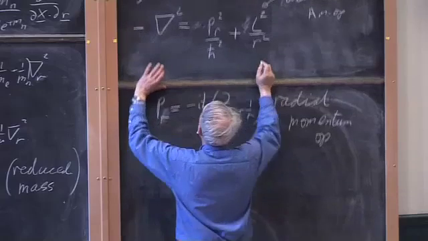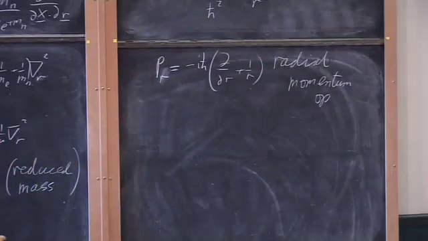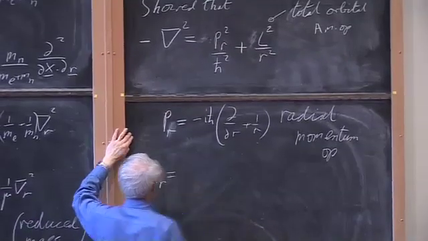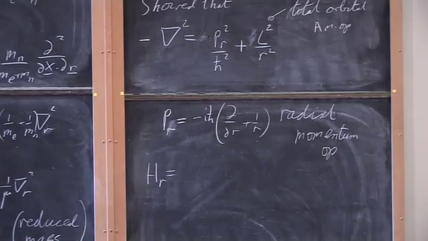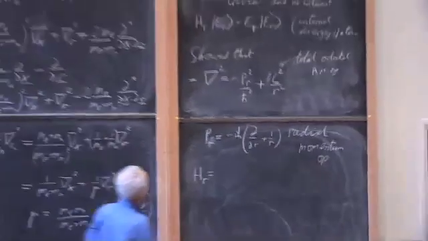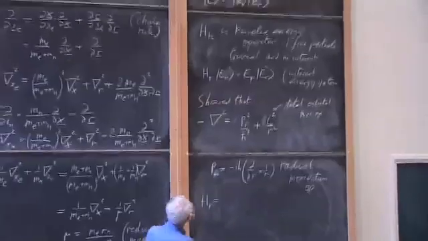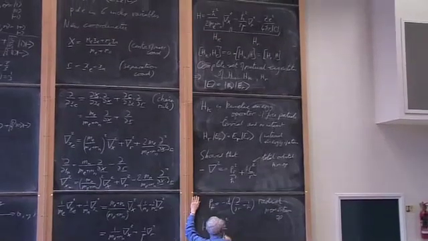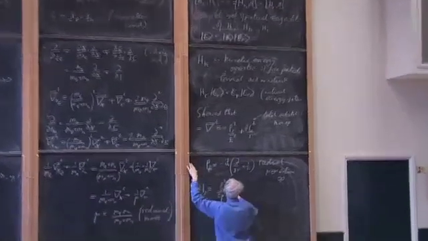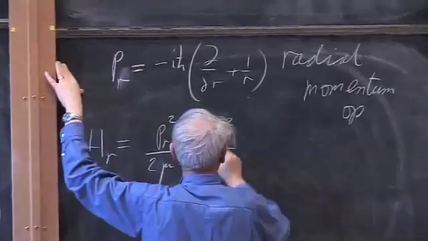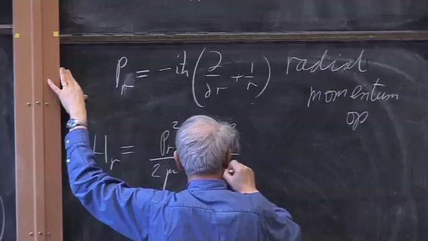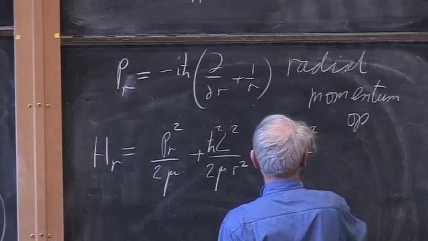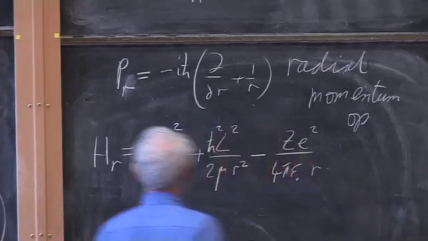So let's just say what we've got. Let's write down HR now using this information. HR is minus h bar squared over 2 mu times nabla squared, okay? So what's that? That's equal to PR squared over 2 mu plus L squared h bar squared over 2 mu r squared, and then minus z e squared over 4 pi epsilon naught r.